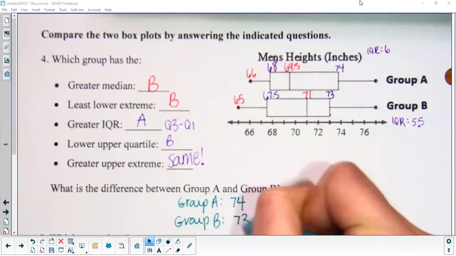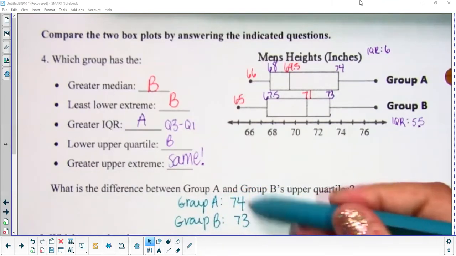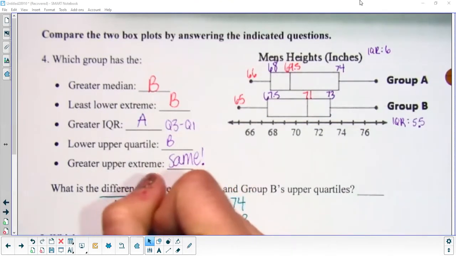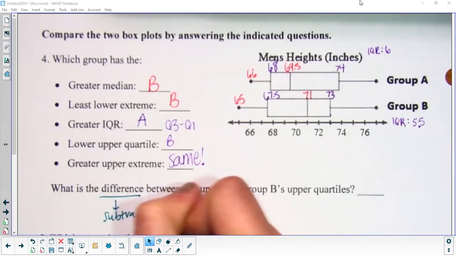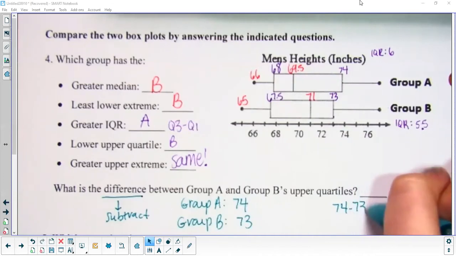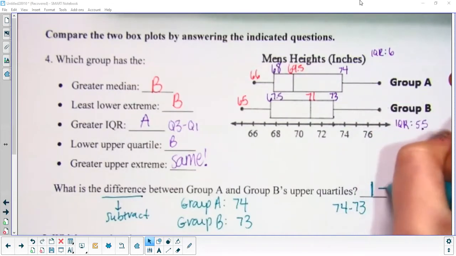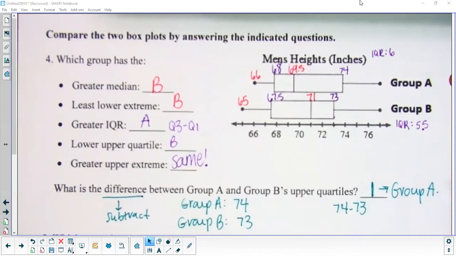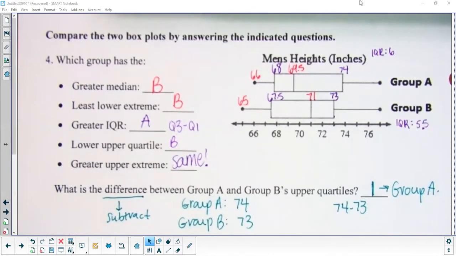So who has the biggest one? Group A does. But what is the difference? That word difference means to subtract. So because I'm going to subtract these, 74 minus 73 is 1. And group A is the biggest. So group A is the biggest, but 1 is the difference between the two of those.